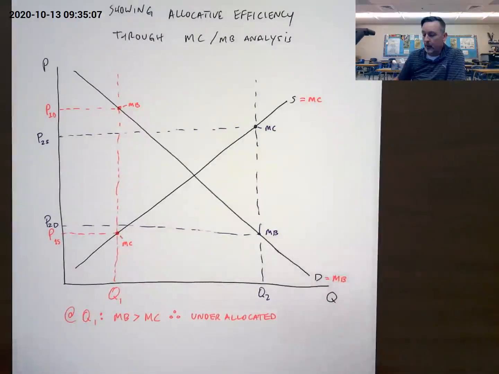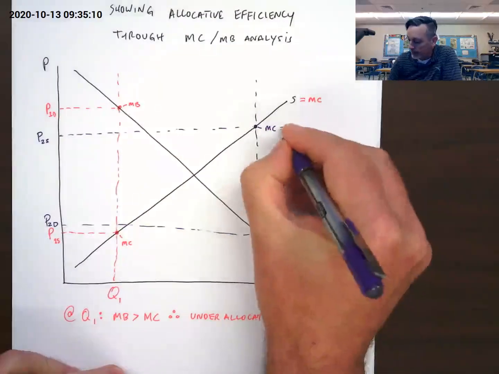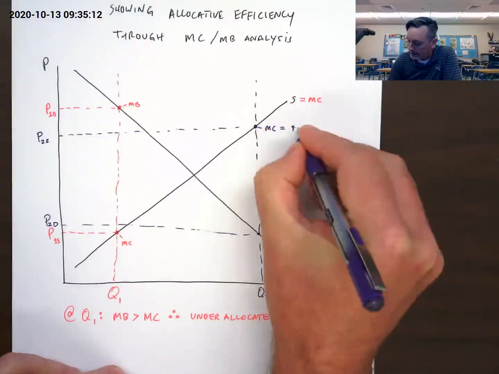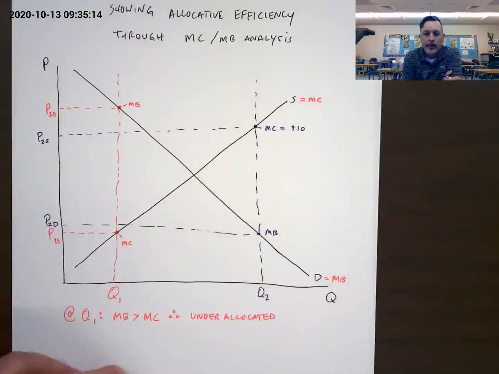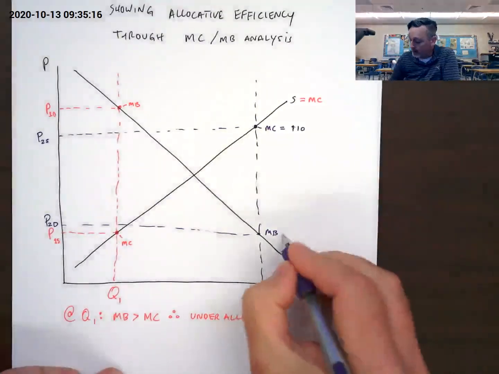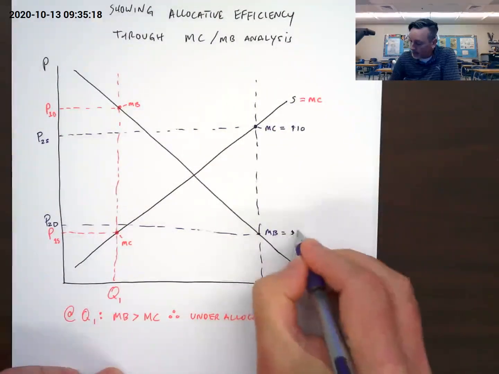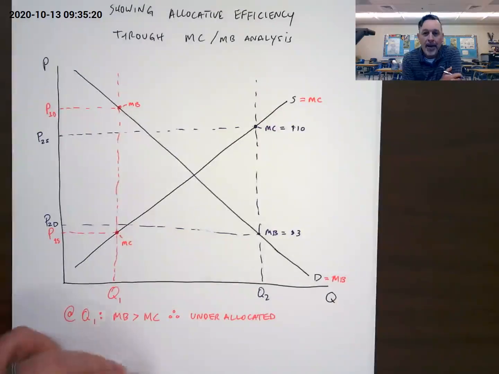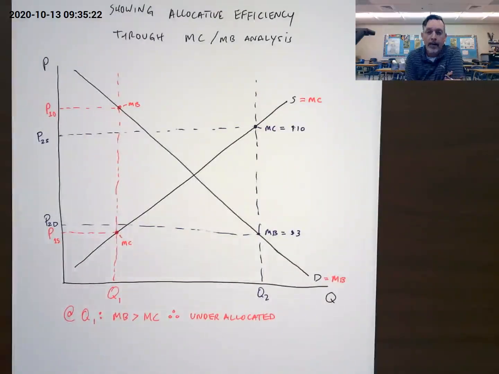If it makes you feel more comfortable with numbers, let's put a couple numbers to it, all right? Let's say that we used up $10 worth of society's resources and only created $3 worth of societal benefit. Well, that doesn't make us happy at all, does it? Clearly, we would like to do less of whatever that thing is because it's not making us as happy as we want it to.